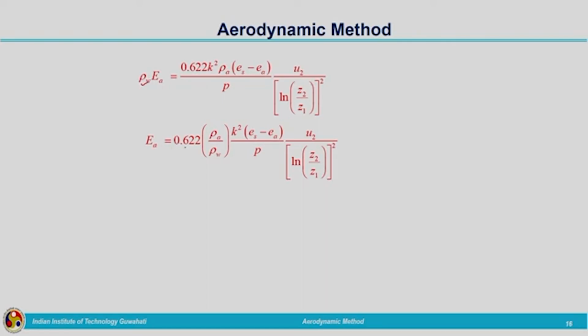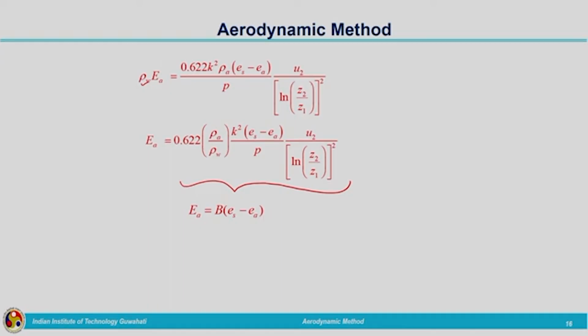So, EA is equal to 0.622 rho A divided by rho W K square ES minus EA divided by P U2 divided by ln Z2 divided by Z1 all square. We are simplifying it in such a way that EA is equal to B multiplied by ES minus EA.